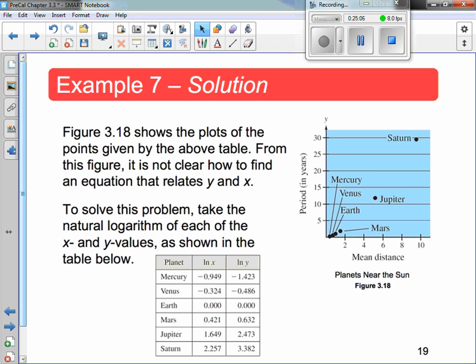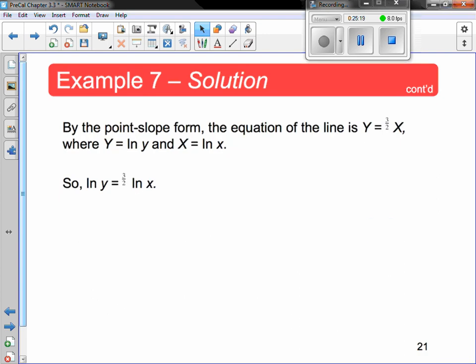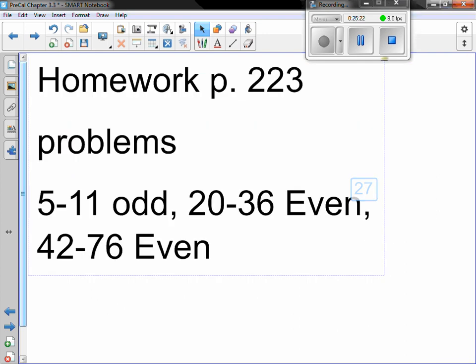And we can see the mean distance, so it will be kind of an exponential function as we get farther and farther away from planet Earth. And we can talk about the slope, and that this here would give us an equation for the approximate period, or time it takes to revolve around the sun, the farther we get away from Earth.